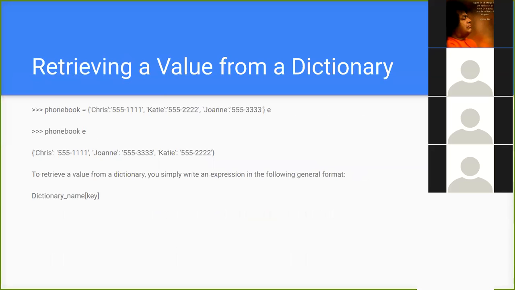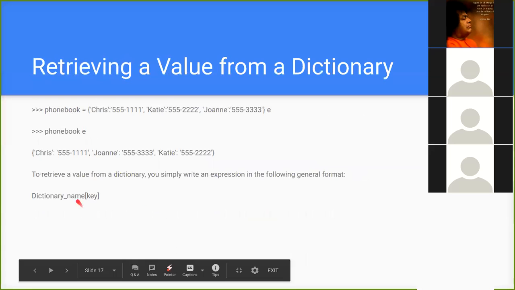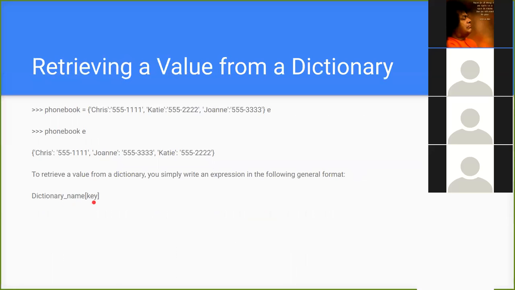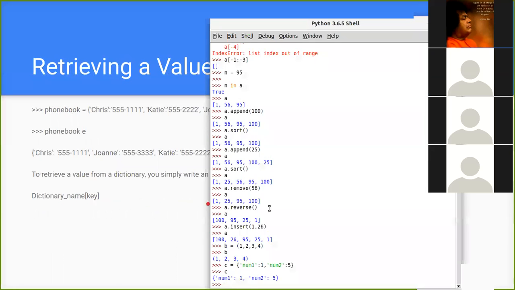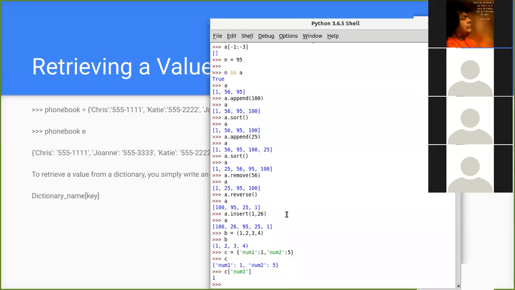Now, how you retrieve values from a dictionary is in this way. You write the dictionary name and then the key. Say I have a dictionary called C, and when I do dictionary C of num1 it will give me 1.